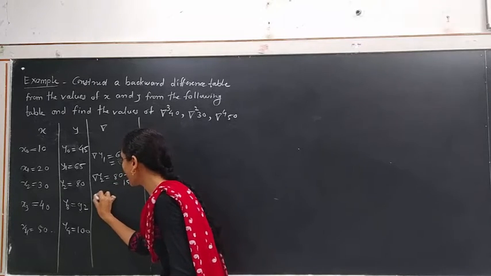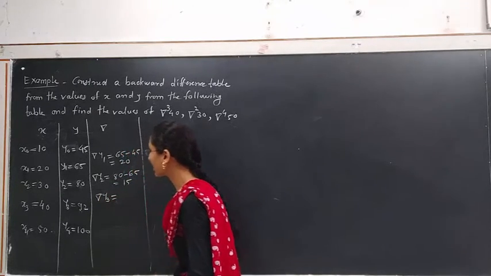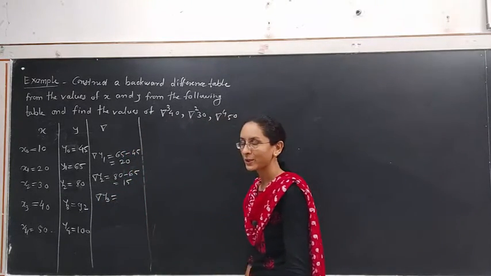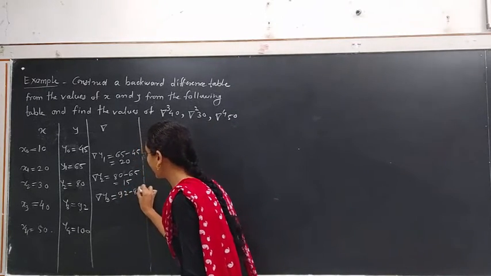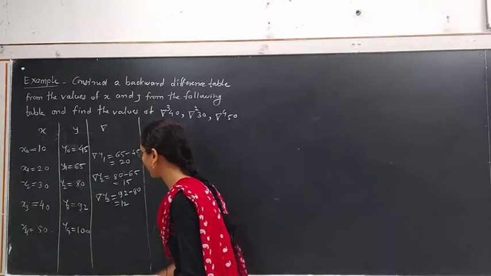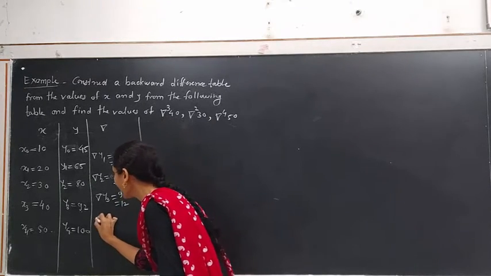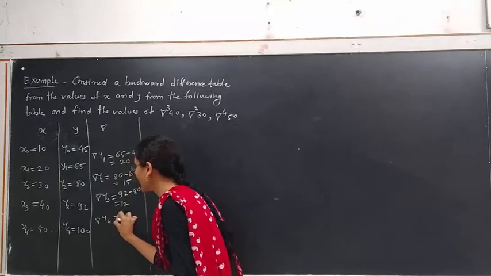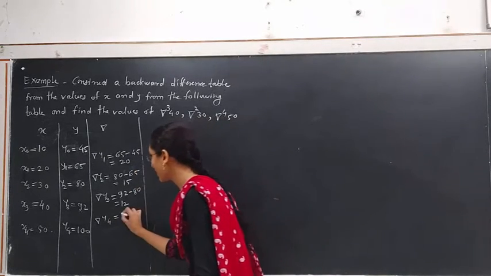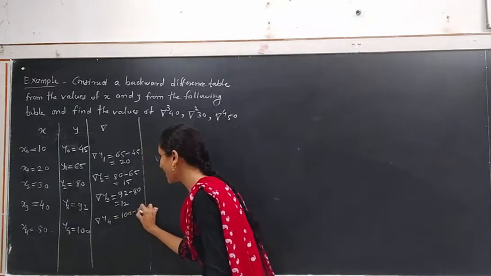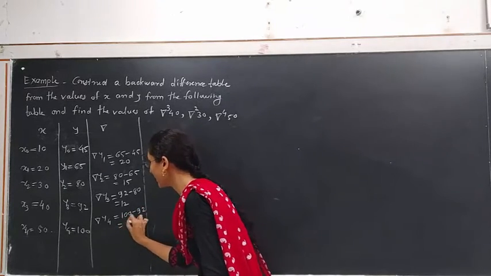Next we get del y3 is equal to y3 minus y2. y3 is 92 minus 80, which is equal to 12. Last we get del y4 is equal to y4 minus y3, which is 100 minus 92 is equal to 8.